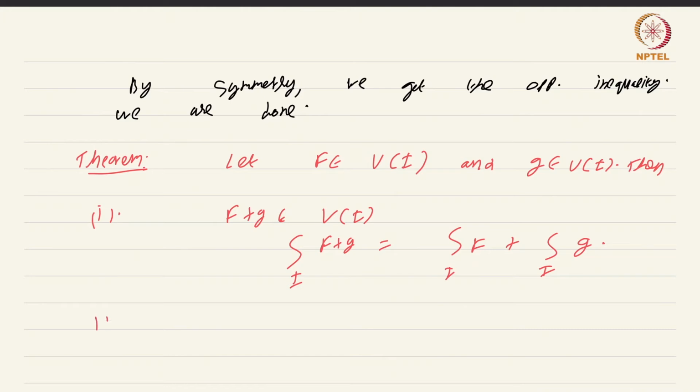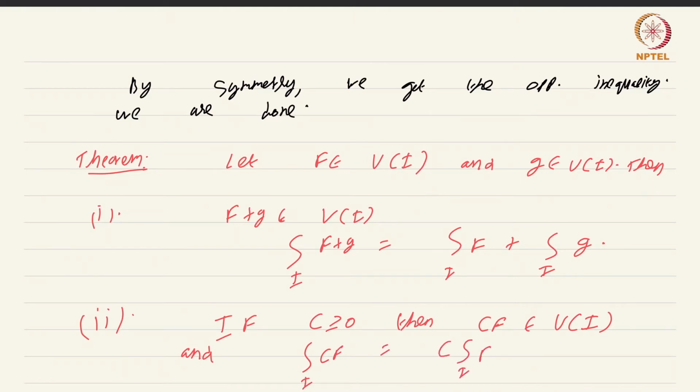Number 2, here is the problem. If c is greater than or equal to 0, then cf is an upper function, and the integral of cf over I is c times the integral of f.